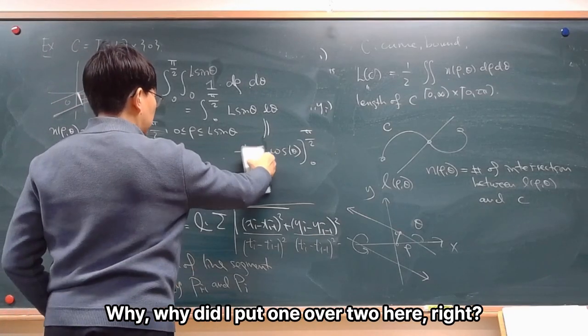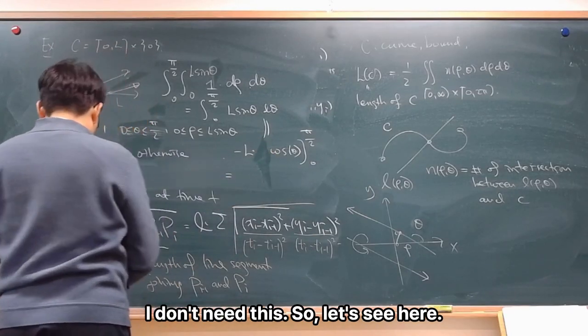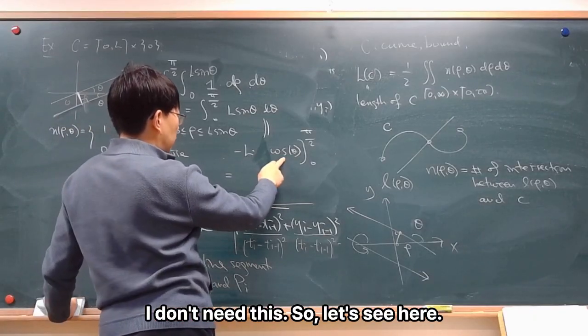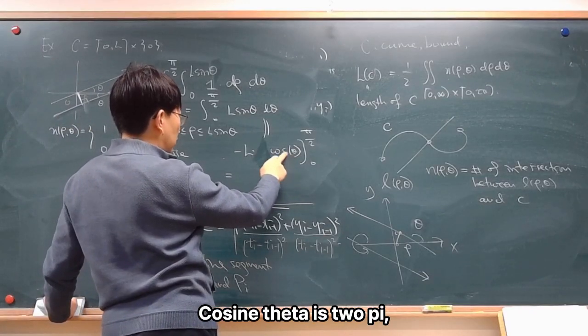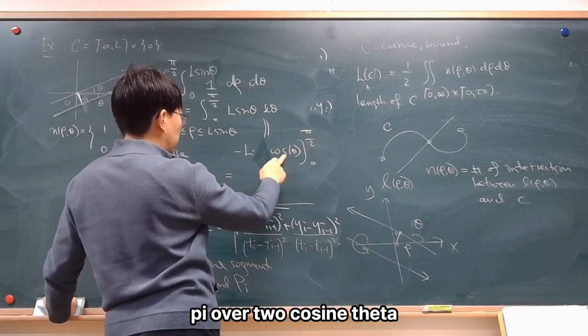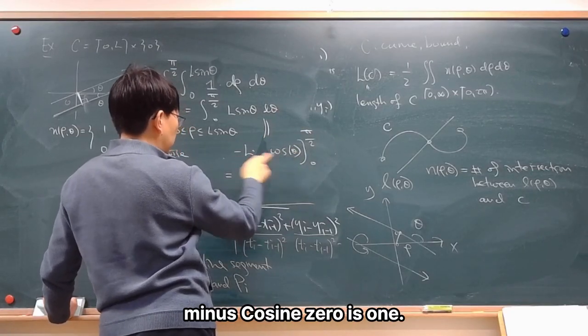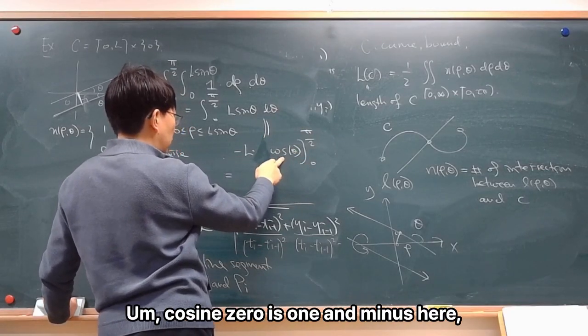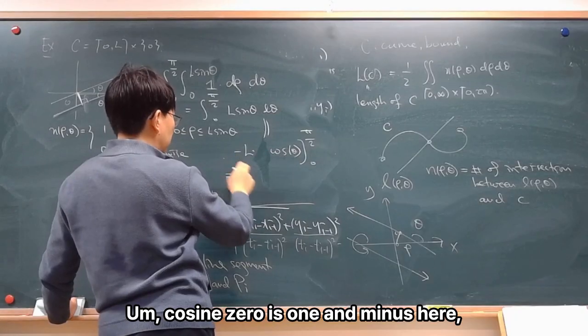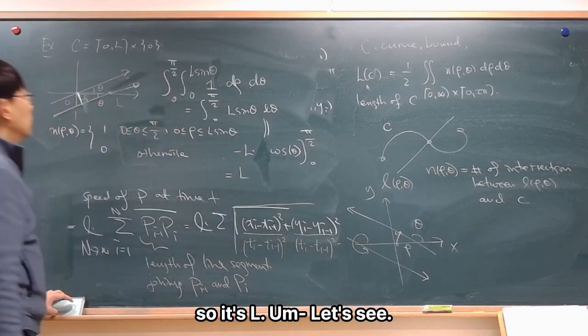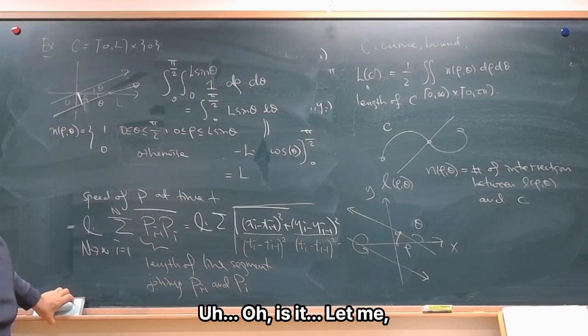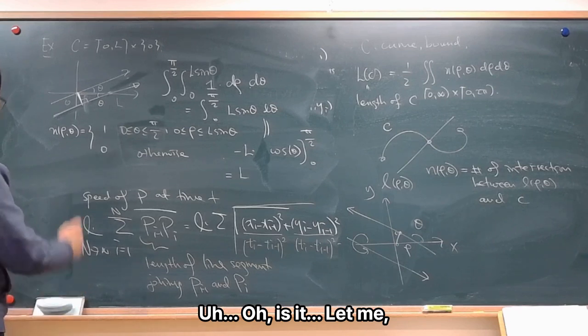Why did I put 1 over 2 here? I don't need this. So let's see here. Cosine of pi over 2 is 0, minus cosine 0, which is 1, so it's L. Let's see. Oh, is it? Let me think of this again.